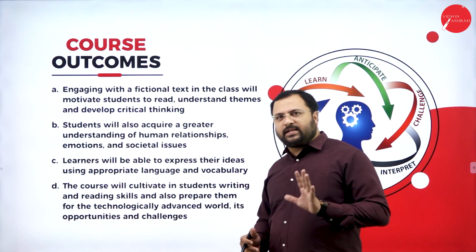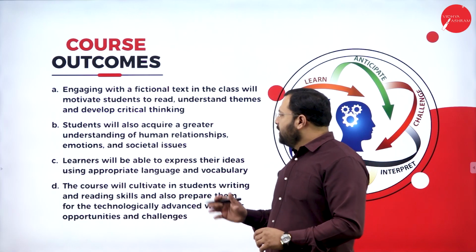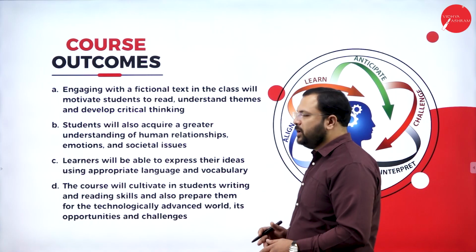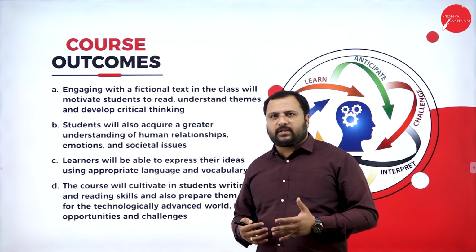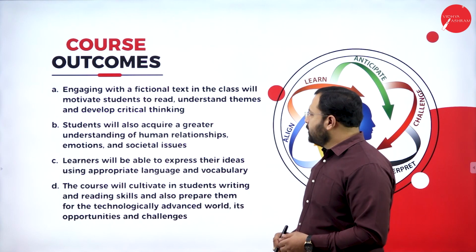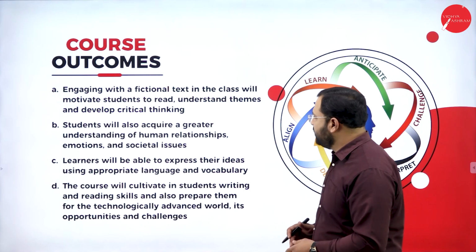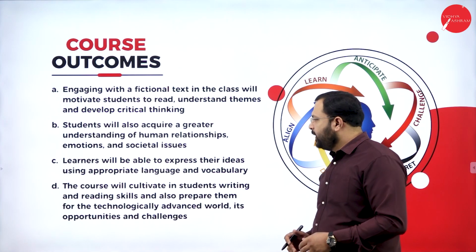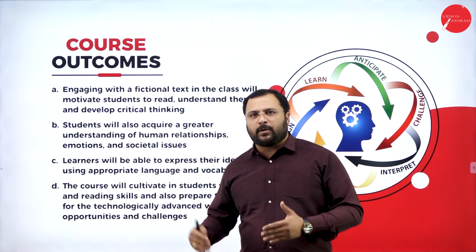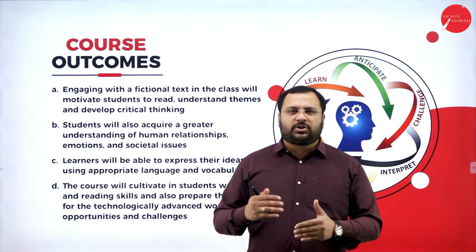So you will be more sensitive to the societal issues and human relationships. Learners will be able to express their ideas using appropriate language and vocabulary. So reading the text will enhance your vocabulary and you may use it when it's required. The course will cultivate in students' writing and reading skills and also prepare them for the technologically advanced world, its opportunities and challenges. So after going through the language component part, you'll get to know how to interact with the world in a commercial way.